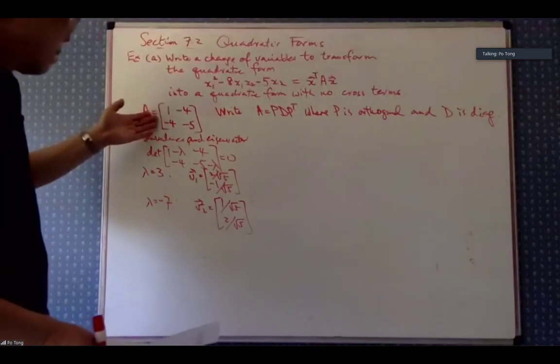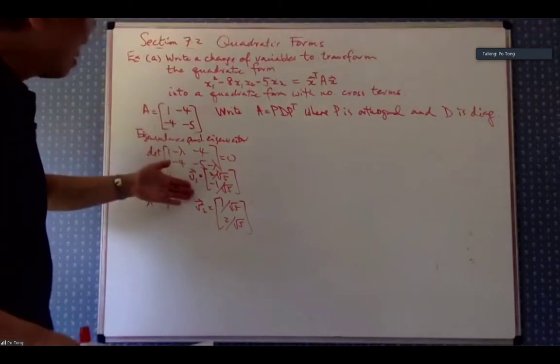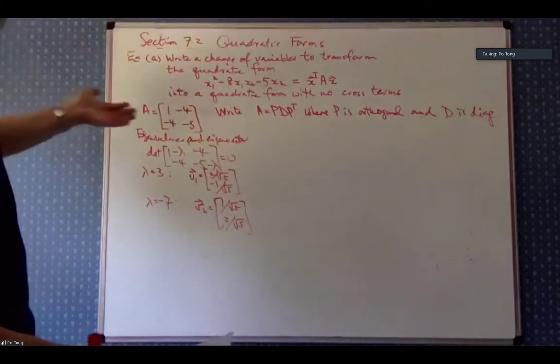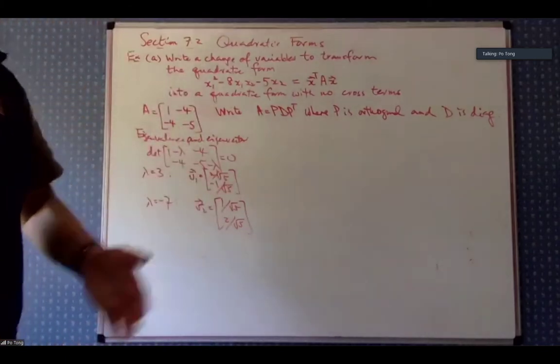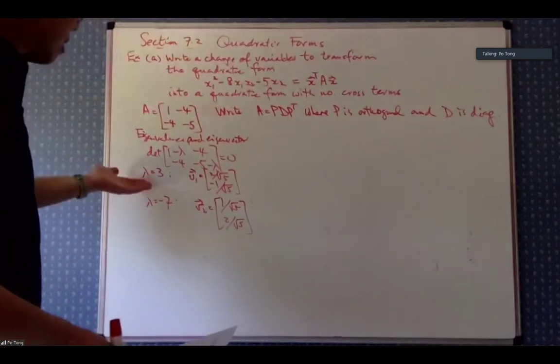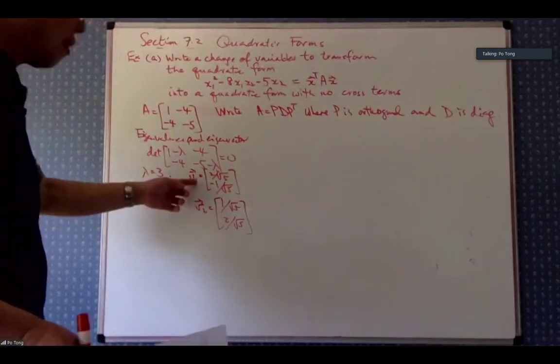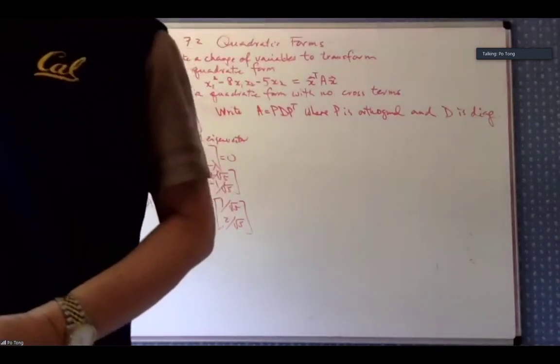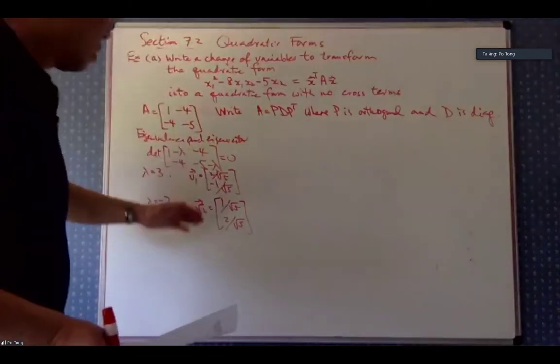A symmetric matrix is always orthogonally diagonalizable. Sometimes you have to go through the Gram-Schmidt process, but in this case the eigenvalues are distinct, so the eigenvectors are guaranteed to be orthogonal. All you need to do is get the unit vector, dividing by the norm.